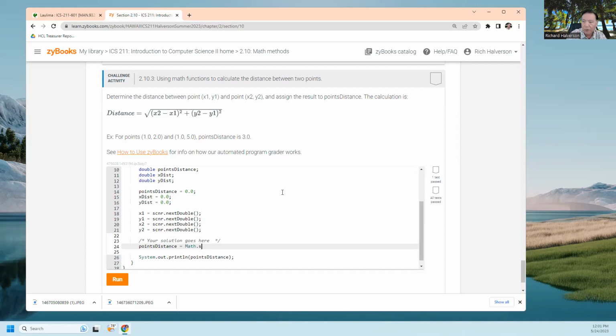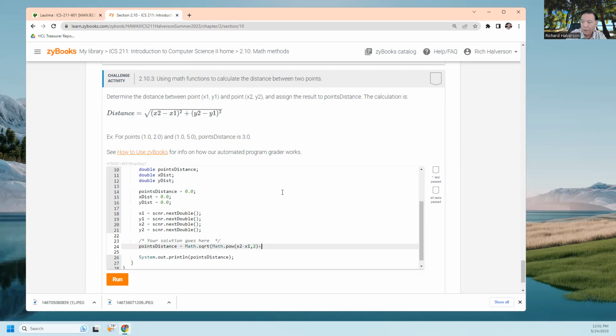Math square root of, I'll just use math power of x2 minus x1 parentheses comma 2. So that's x2 minus x1 squared.